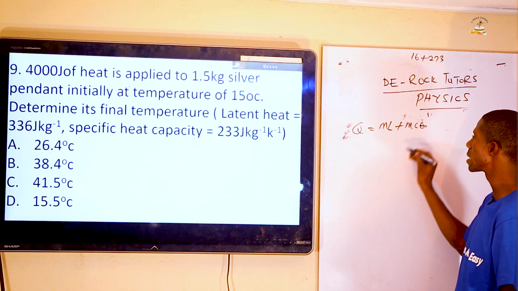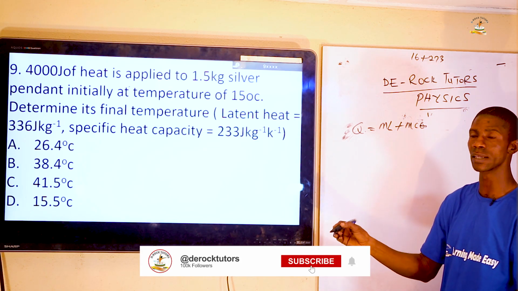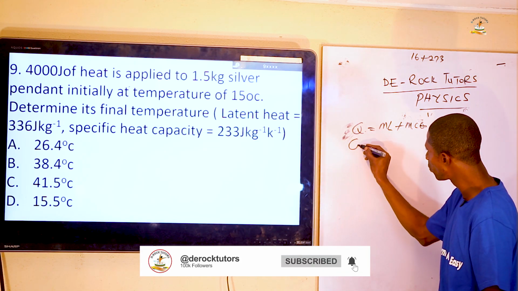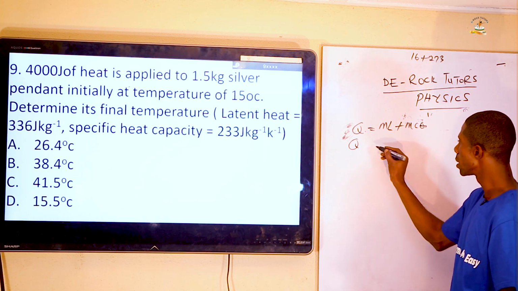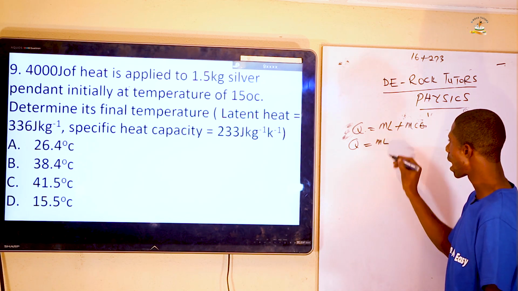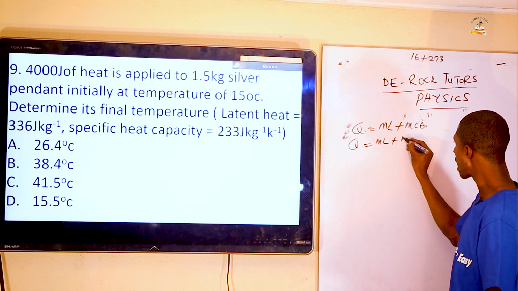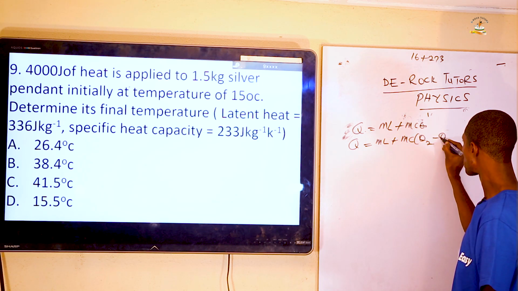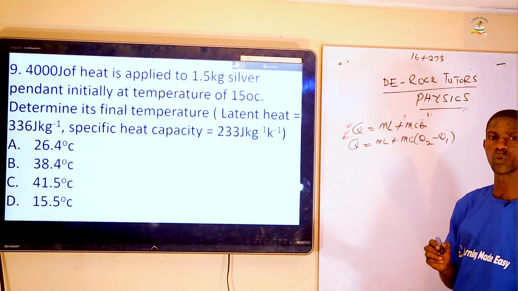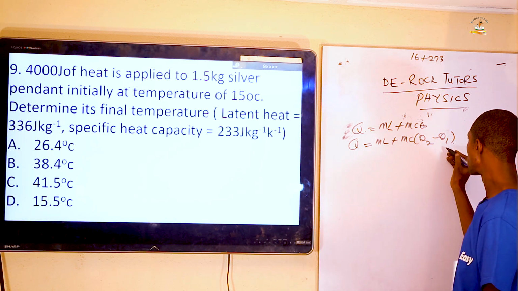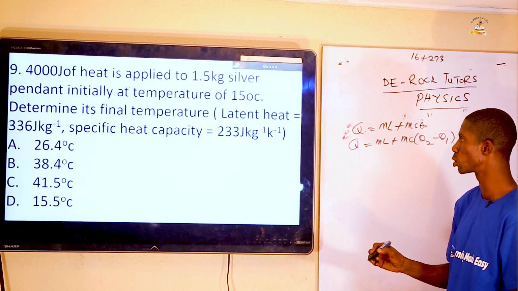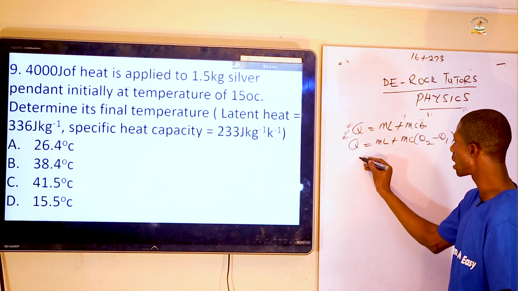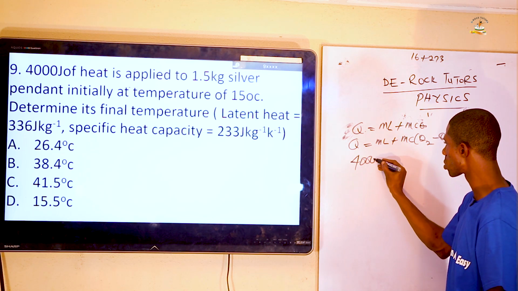So this temperature again, I will have the initial and likewise the final. In that case, I can put my formula Q equals ml plus mc into theta 2 minus theta 1, where that theta 2 will give me my final temperature, then theta 1 will give me my initial temperature. And the quantity of heat now is 4,000 in the question.